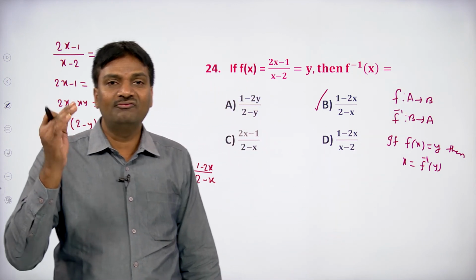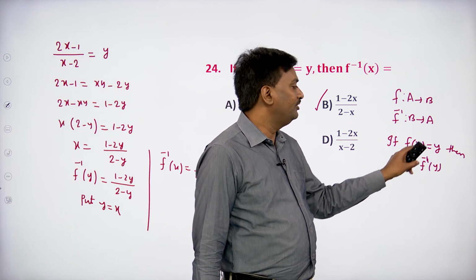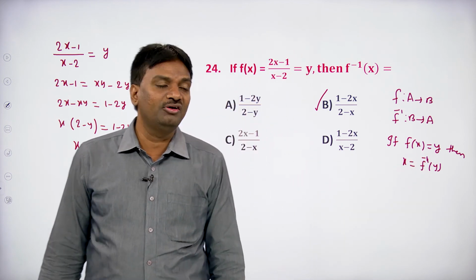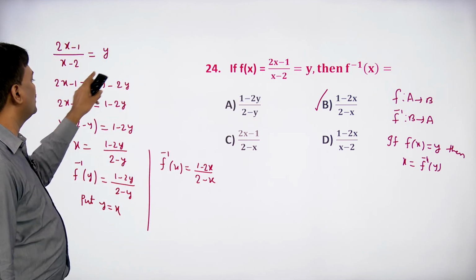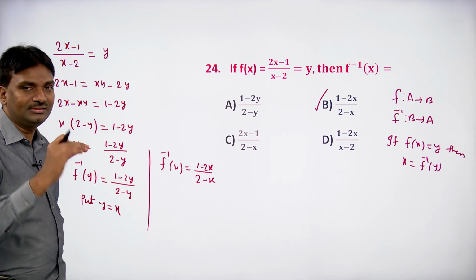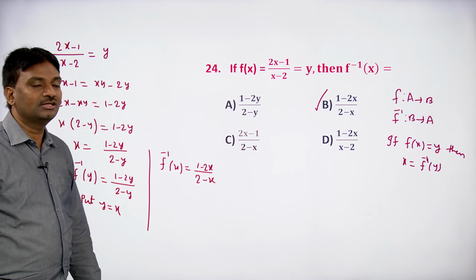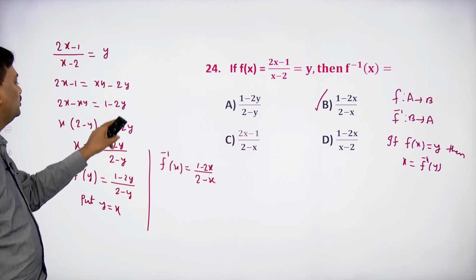To find the inverse of the given function, we have to take f of x equal to y. From this we can write x equals f inverse of y. So by taking (2x minus 1) by (x minus 2) equals y, by cross multiplying and writing the similar terms at one place, 2x minus xy equals, if you take minus 1 to this side, 1 minus 2y. Take x as common, x into (2 minus y) equals 1 minus 2y.